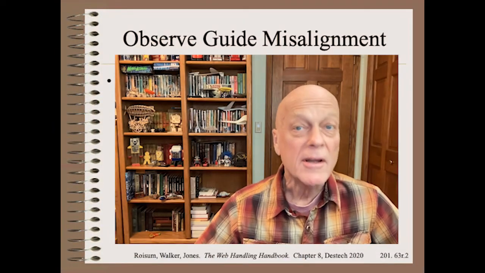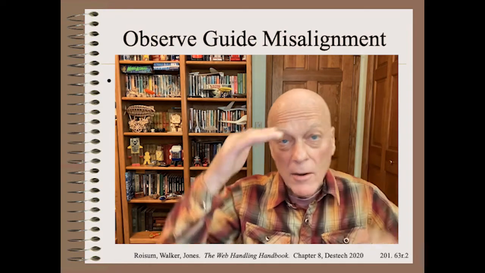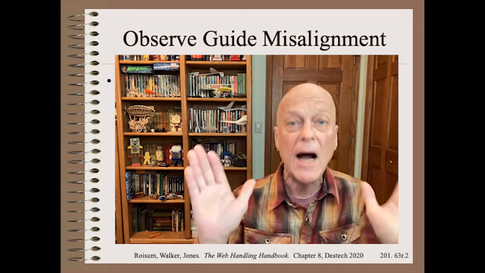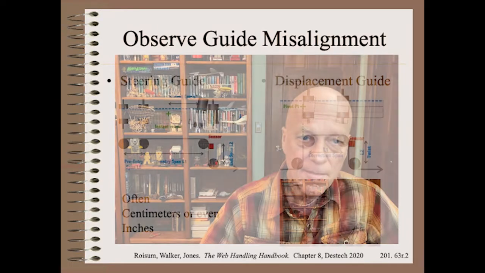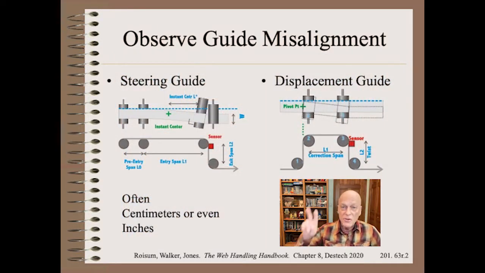I'm not sure that you've ever thought about it or even noticed. If not, now is the time to observe and ask questions. Observe how the two most common intermediate guides have very large roller misalignments. This is often centimeters or even inches.